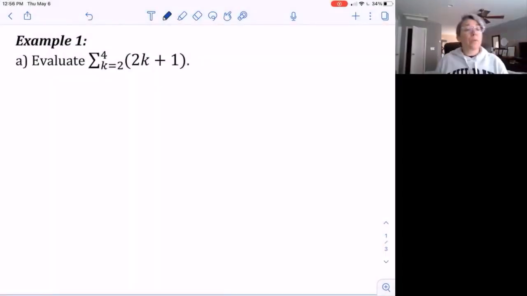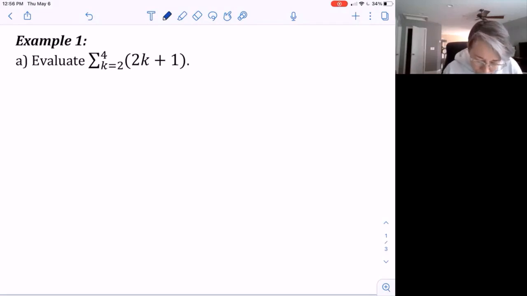So in our first example, look, our k is not starting with 1, it's starting with 2. So what this is telling us is that we're going to plug in 2, 3, and 4. You're still using your counting numbers, your positive integers.